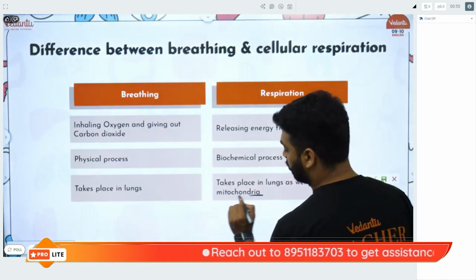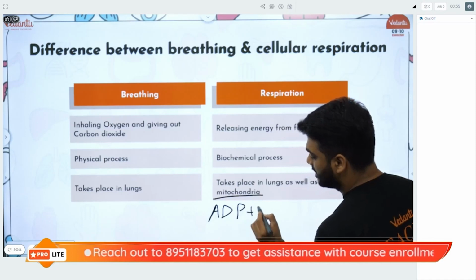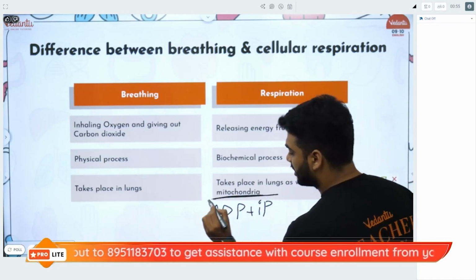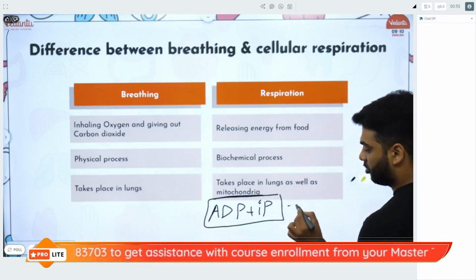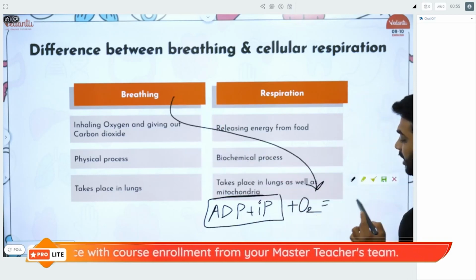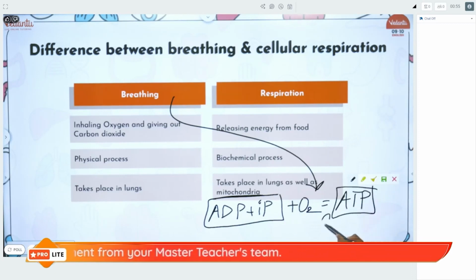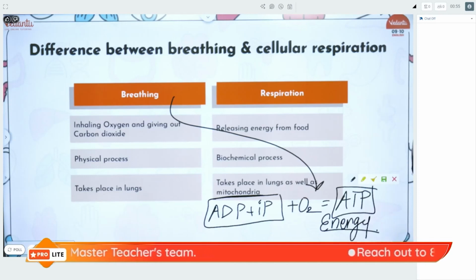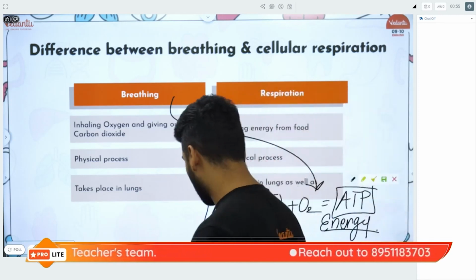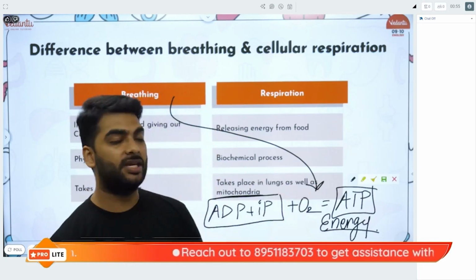In the mitochondria, there is a compound ADP plus IP. This compound is there in the mitochondria. It combines with the oxygen which you breathe in, and it makes ATP. So ATP is the energy currency of the cell. This ATP synthesis happens in the mitochondria of the cell, right? So that is how energy is made in the cell.